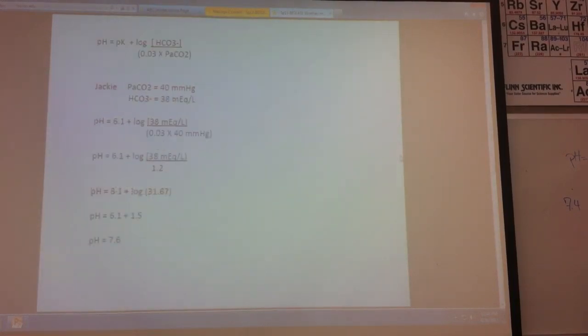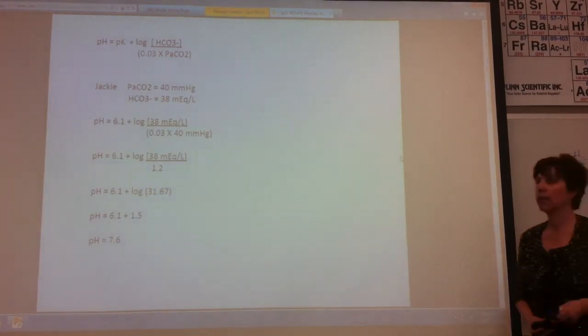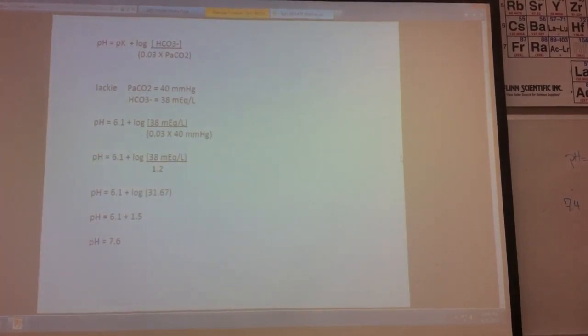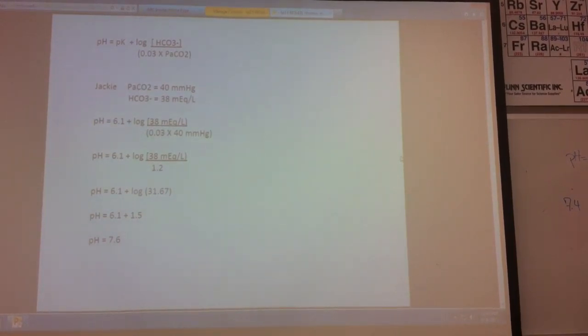There are 3 sets of problems, with 3 individuals in each set. For this, we're using the same numbers. Here's our Hasselbalch equation, pH equals pK plus log of, remember you have to multiply your carbon dioxide to actually get it to the carbonic acid form.